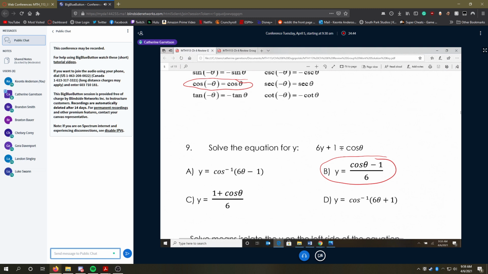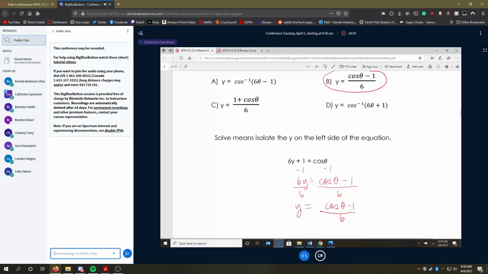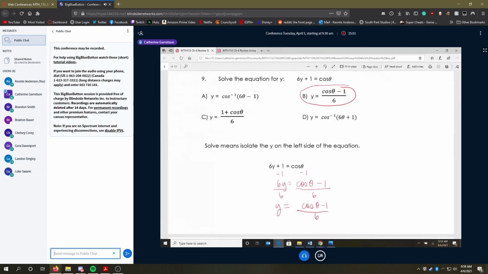So I'm going to subtract a 1, and then I'm going to divide by 6, and that will solve for y. So solving for y just means isolate your y.